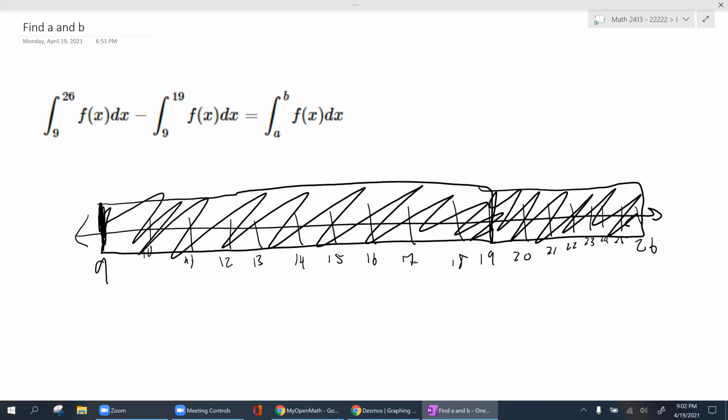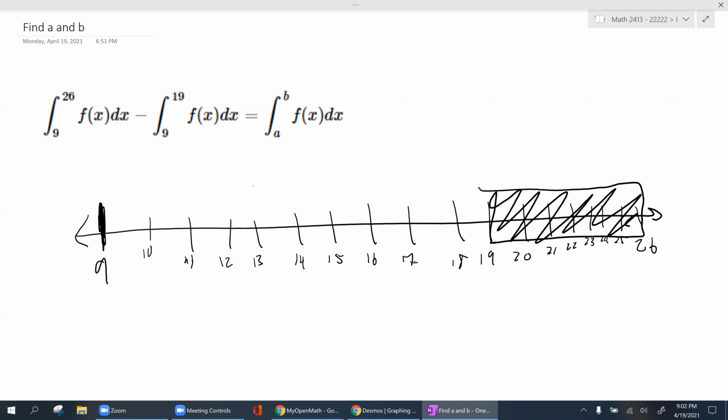This isn't a graph; what I'm shading is just a visual representation of what I'm doing. So don't think about what the height of this is. This isn't me finding bases and heights. So I've shaded between 9 and 26, and I'm taking away everything between 9 and 19. So I'm taking that part off. What are you left with?